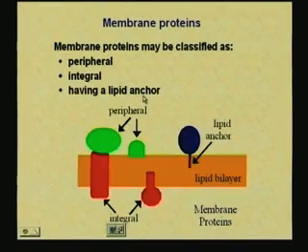Now, we have to look at membrane proteins. What are membrane proteins going to do? They are going to help in the transfer of ions. Okay? They are usually of three types. You can have peripheral proteins, integral proteins, or ones that have a lipid anchor. The peripheral proteins are the ones that are marked in green here, that are on the periphery of the membrane.